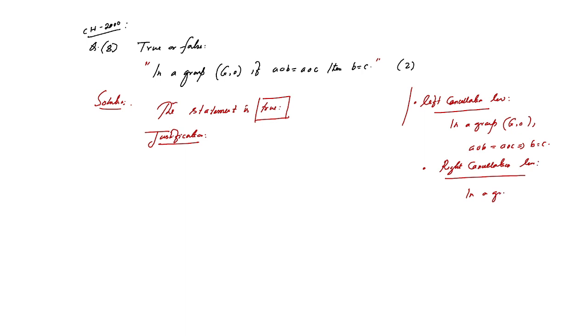In a group (G, o), a o b equals c o b implies a equals c. This is called the right cancellation. In a group, both cancellation laws hold. So here, what is given? Here, (G, o) is a group.